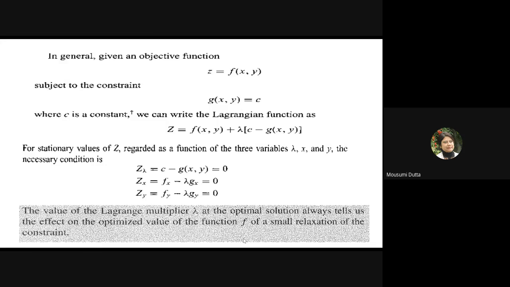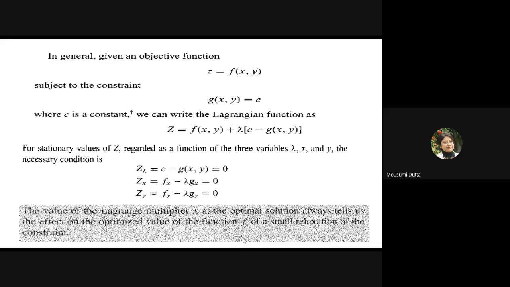Lagrange showed that if there are single or several constraints, we can accommodate those constraints in a single function along with the objective function and write a new objective function. To have a new objective function, we need to incorporate the notion of Lagrange multiplier.